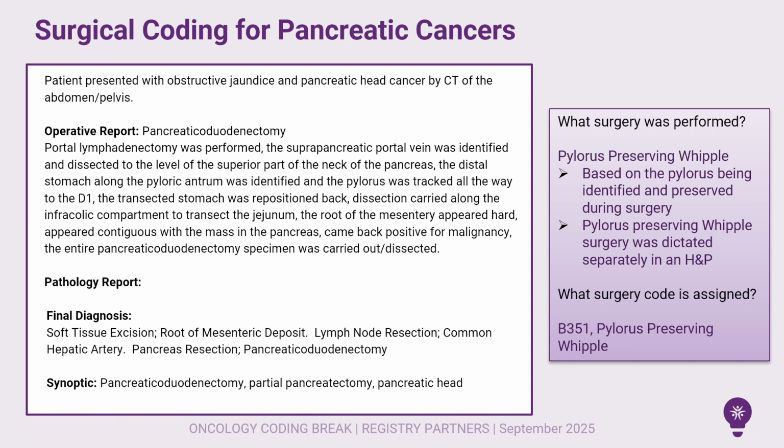The only place that mentioned a pylorus surgery was the H&P, and then we can use the information from the body of the operative report to determine what type of surgery was performed. So this would be assigned a B351 pylorus preserving Whipple.